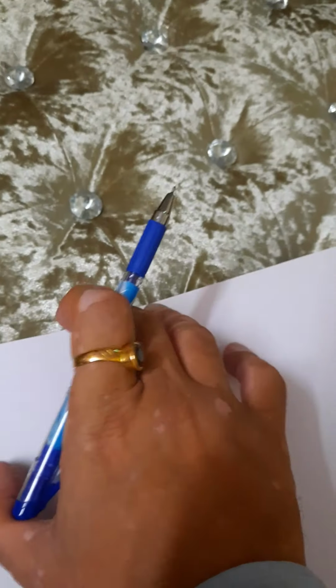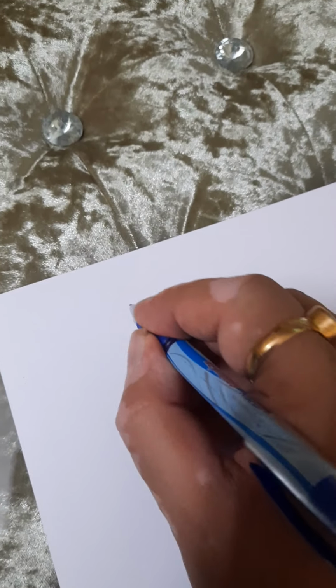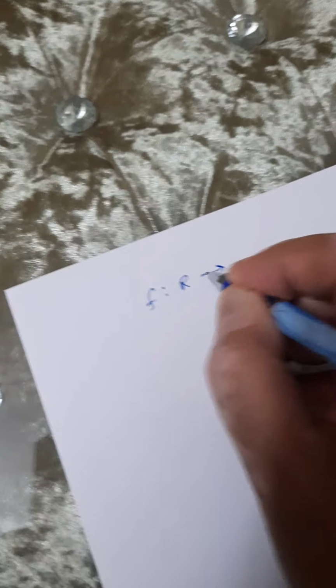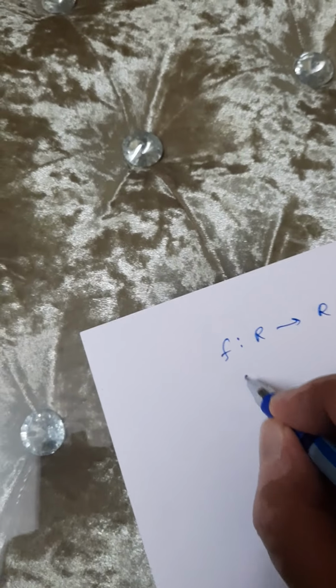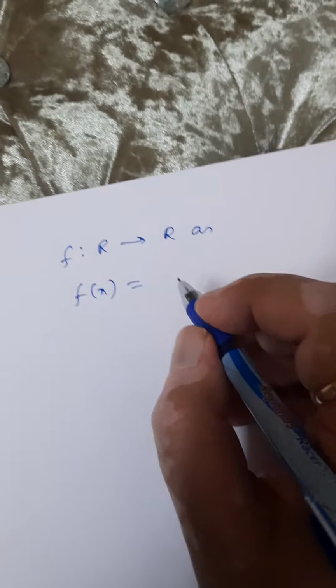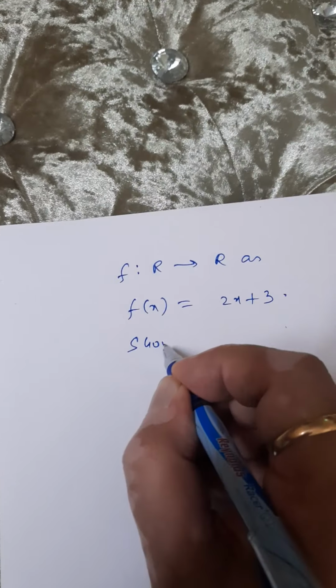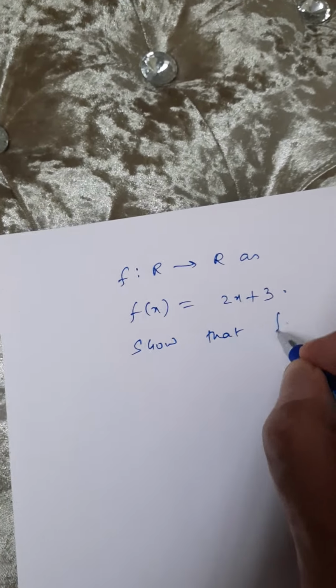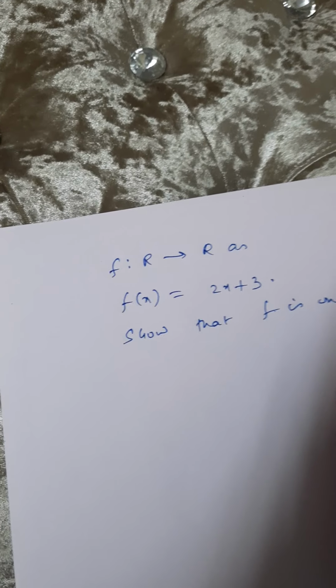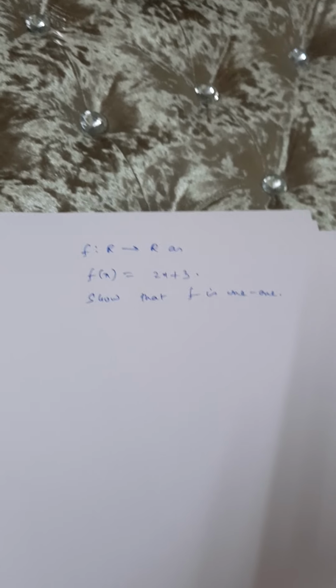Let me come up with some examples of one-one functions. I define f from R to R as f(x) equals 2x plus 3. Show that f is one-one. Now I will apply both the methods, equals to and not equals to.